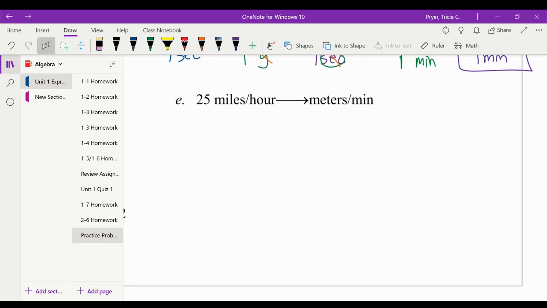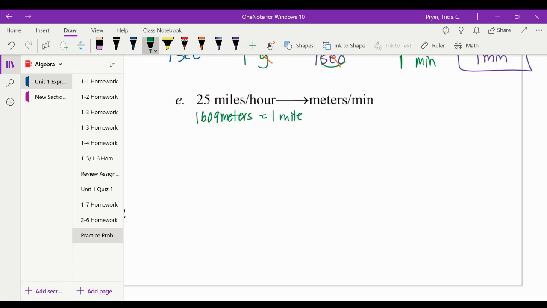Okay, and then last one, 25 miles per hour to meters per minute. Okay, again, I'm going to start with, or maybe I should first figure out how many meters in a mile. I need both of those conversion rates. So first one, there are 1,609 meters in 1 mile.